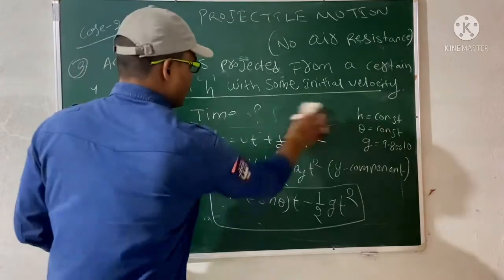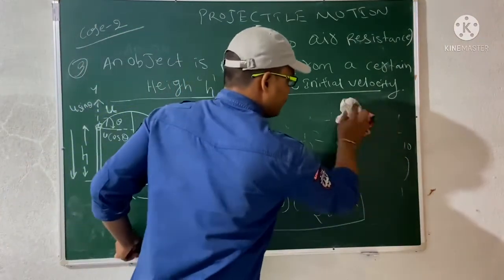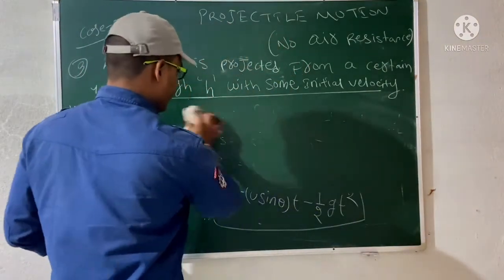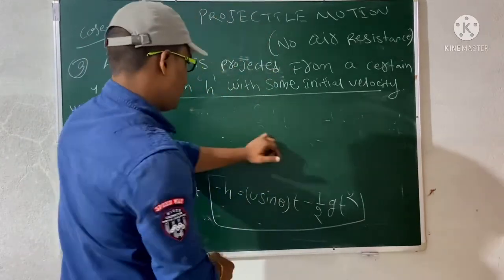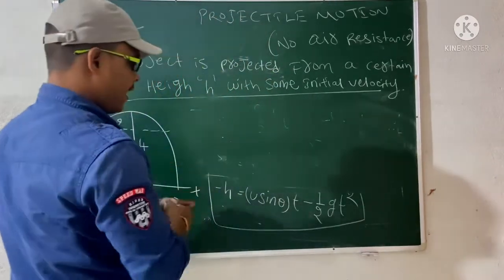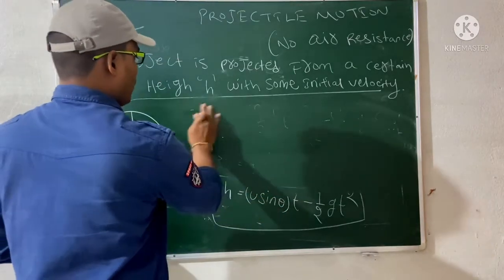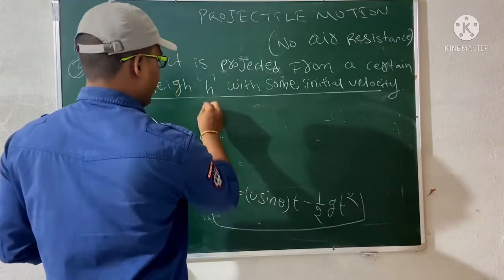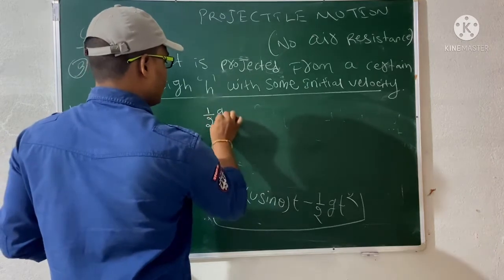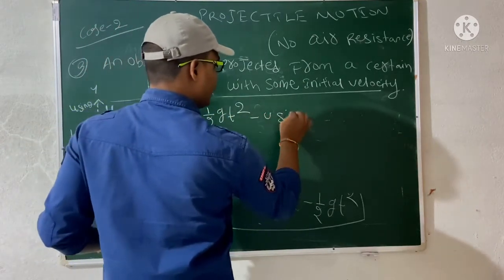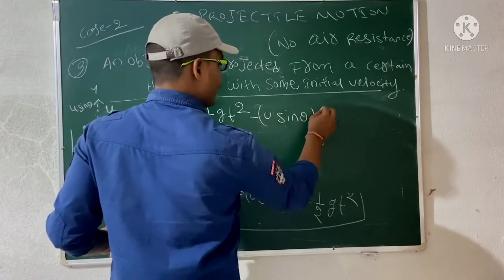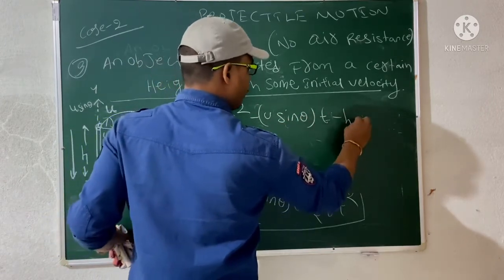You can also write this equation by taking the minus half g t square to the left side, so that will be half g t square minus u sin theta into t minus h equal to 0.